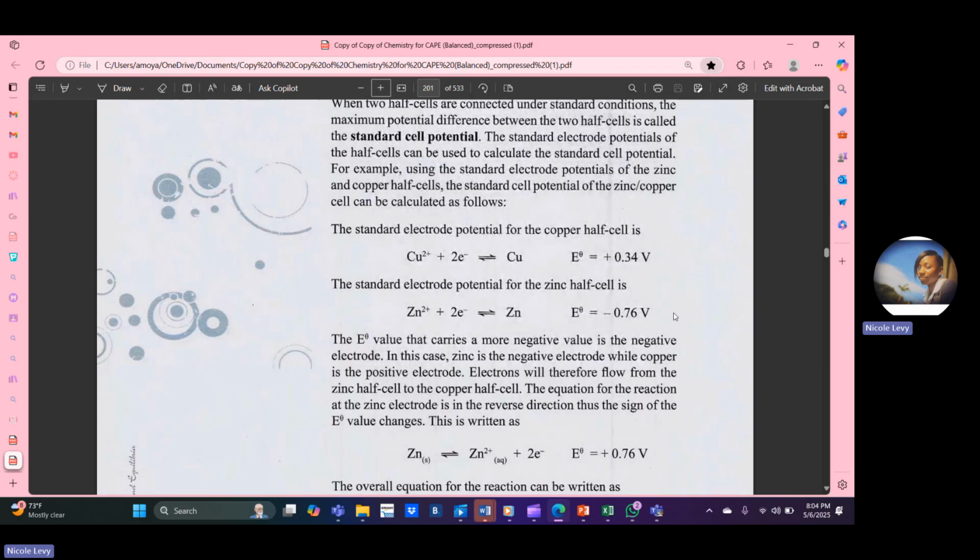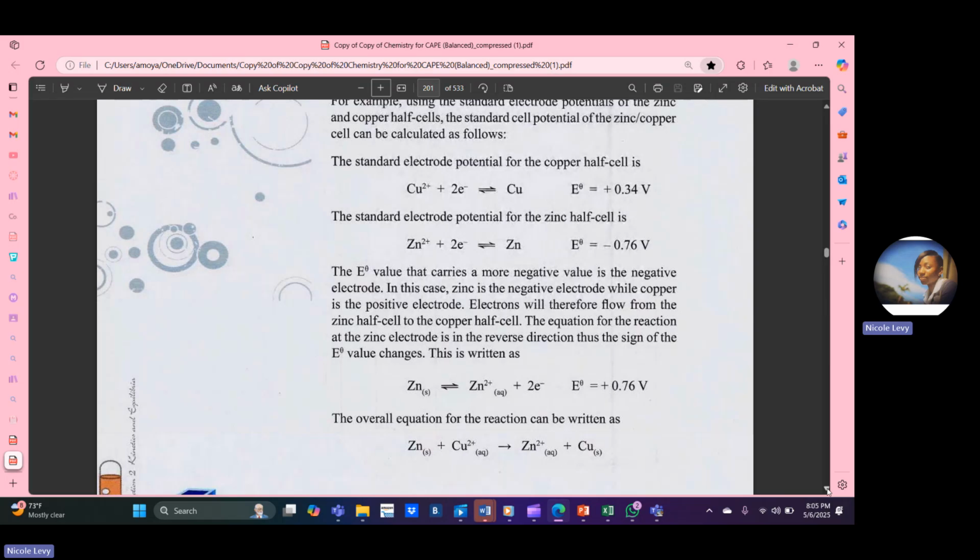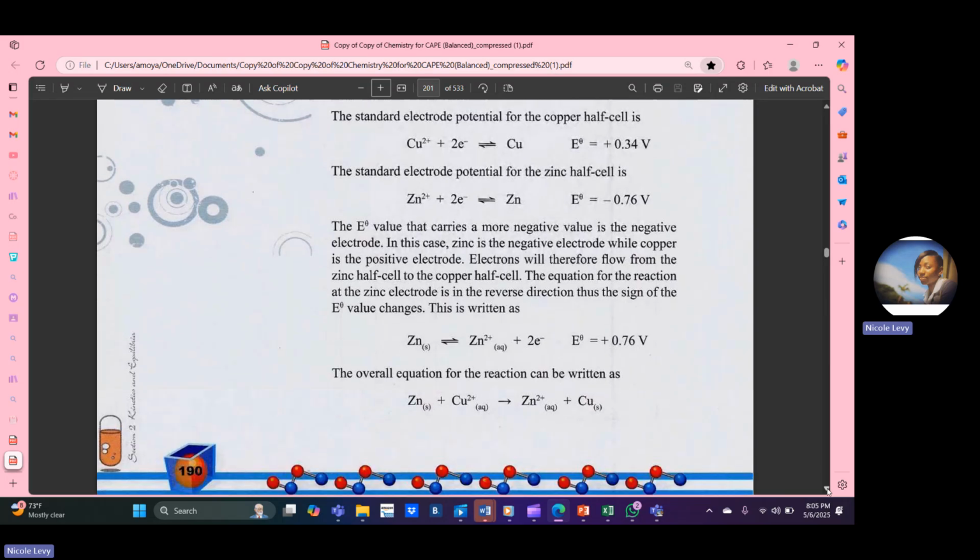The E naught value that carries a more negative value is the negative electrode. So the zinc one here is the more negative electrode, while the copper one is the positive electrode. Electrons will therefore flow from the zinc half cell to the copper half cell.